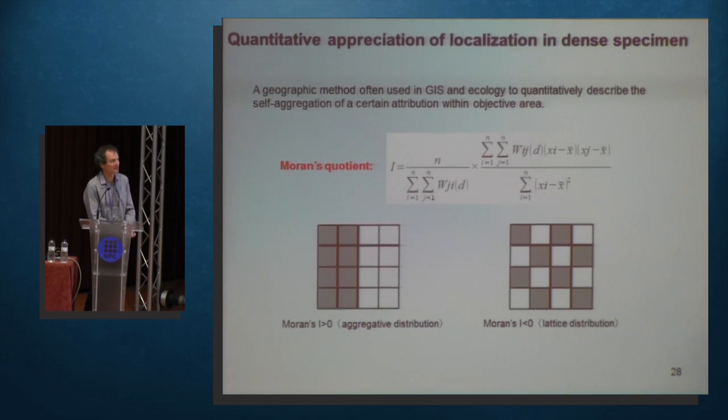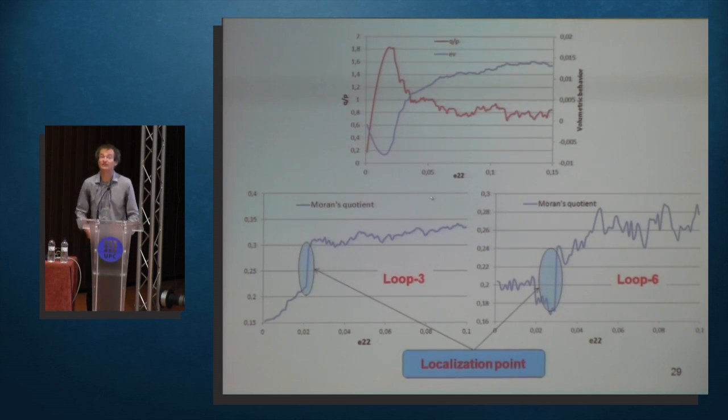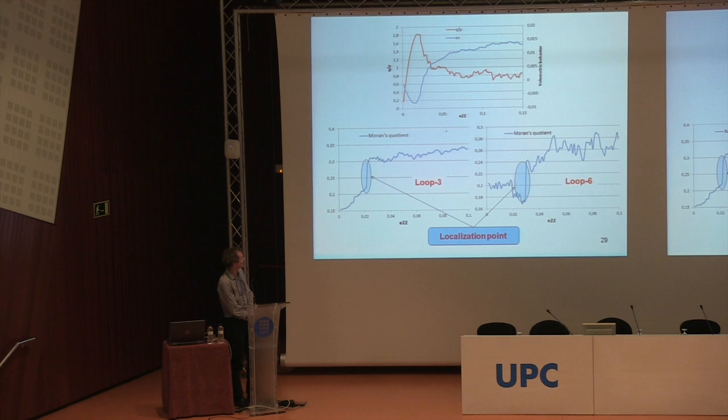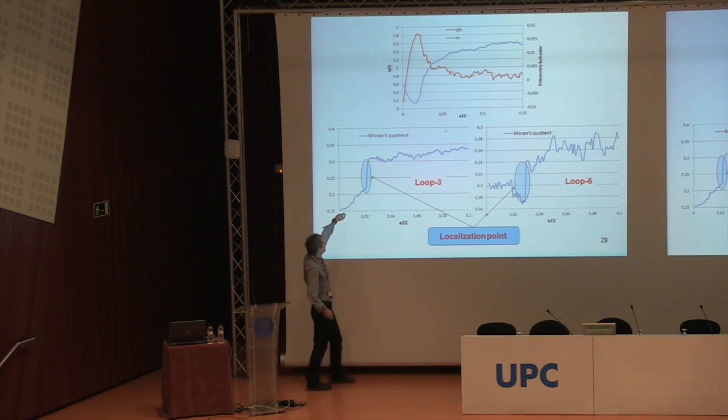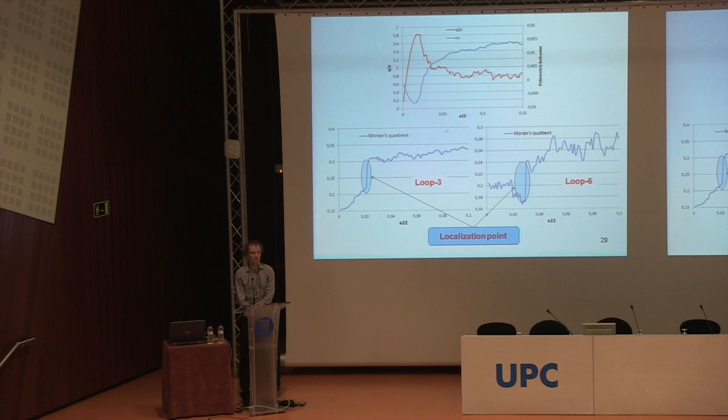Just before closing my presentation, I can show you an analysis to prove that the distribution of the different loops is absolutely not homogeneous within the medium. We can use a coefficient to characterize the heterogeneity of the distribution, and exactly at the localization point, that is to say, exactly at the stress peak, you can observe that you lose the homogeneity of both the distribution of L3 and L6.